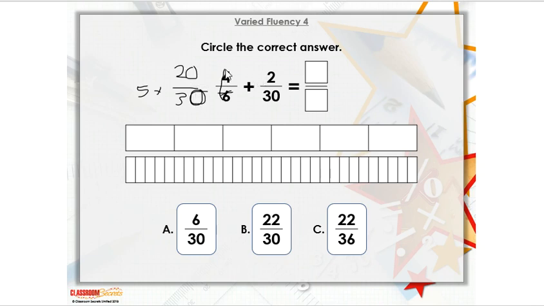Add, I'm going to cross that out so I don't lose it, add 2/30ths, which gives me 22/30ths. And you know that you must make sure your digits are neatly drawn. Is this one of my answers? Yes, it is. Perfect. And what am I told to do? Circle the correct answer. And the evidence that I knew what I was doing is here.